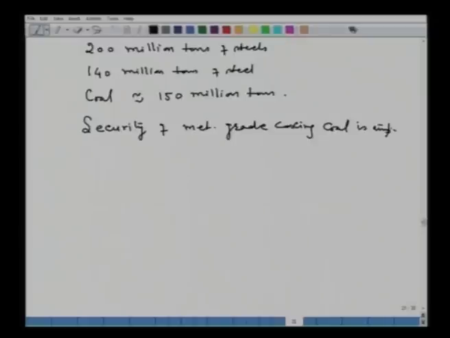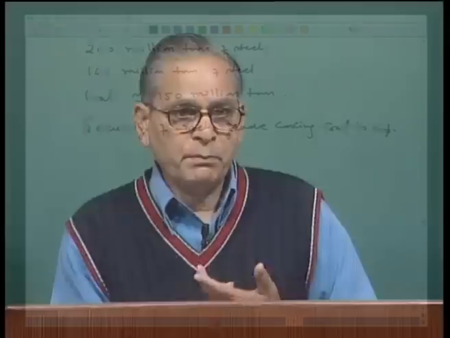That means one has to find ways so that coke can be conserved or less coking coal is used, and several alternative methods are being developed, for example smelting reduction, the DRI route, development of pulverized coal injection in the blast furnace, and so on.